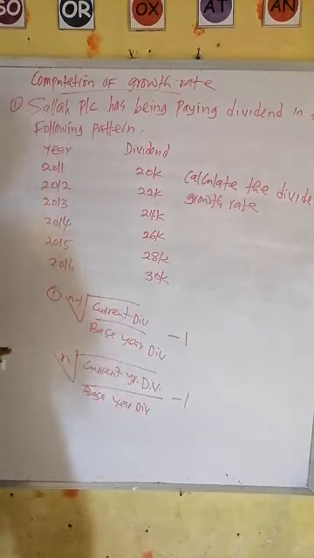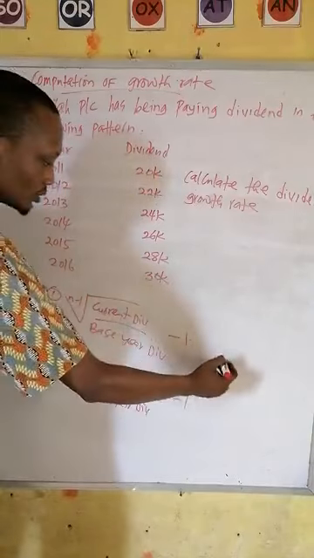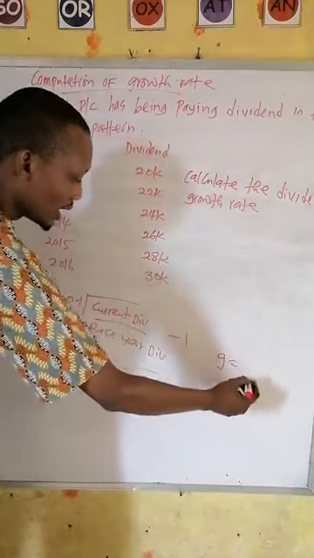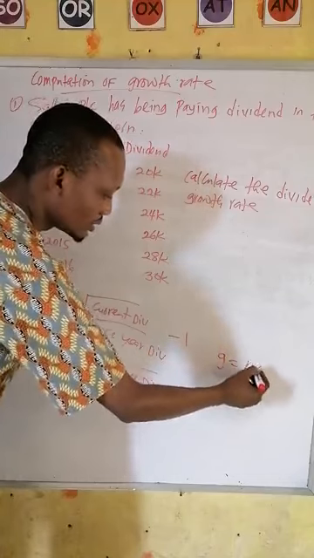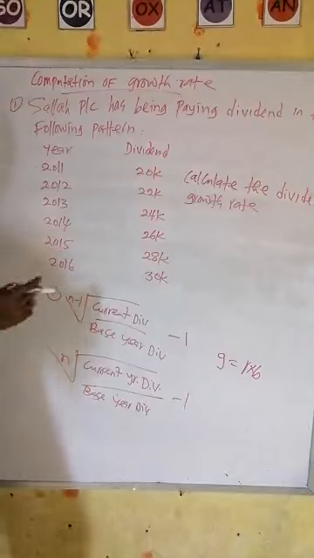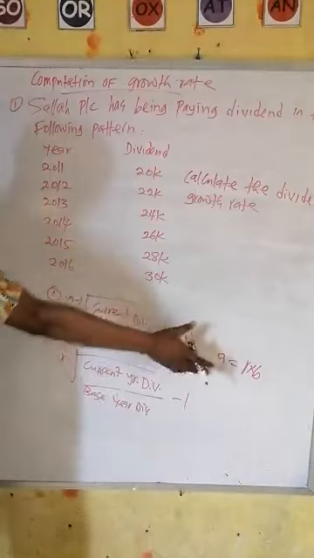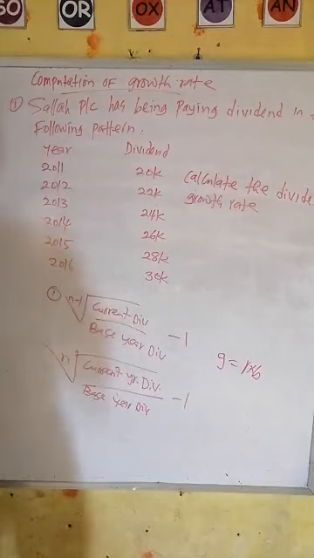Why the Gordon growth? The Gordon growth formula for calculating dividend growth is G is equal to R times B. Now looking at this, these are the two formulas we have, either this or this. Which formula do you think you can use to compute our dividend growth rate?